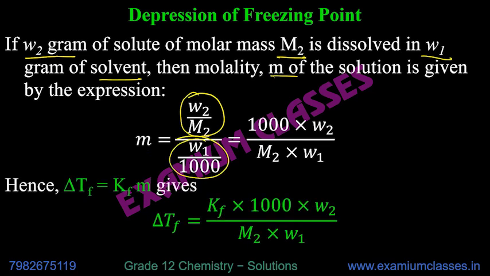When you substitute, you get delta TF equals Kf into 1000 into W2 by M2 into W1. The only difference is that instead of B, now we have F. So in both cases, the formulas are similar.